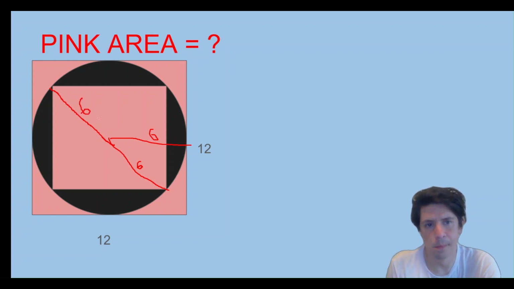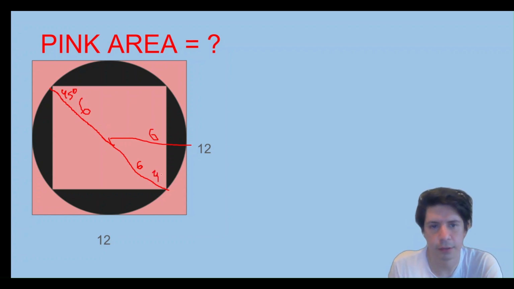Okay. And this is a square on the inside. It's a 45, 45, 90 triangle because it's an isosceles. So for this 12, we can do the Pythagorean theorem or use the special right triangles, the 45, 45, 90 rule, which is going to give us the value we're looking for.